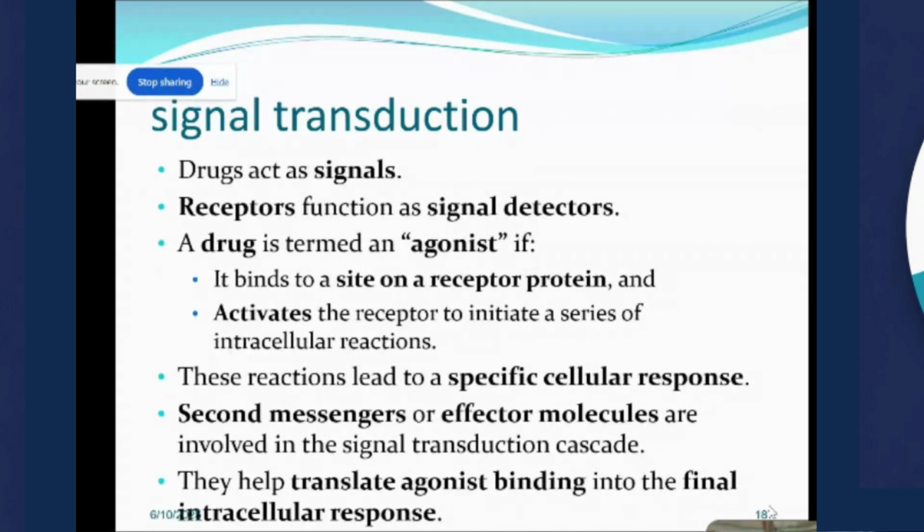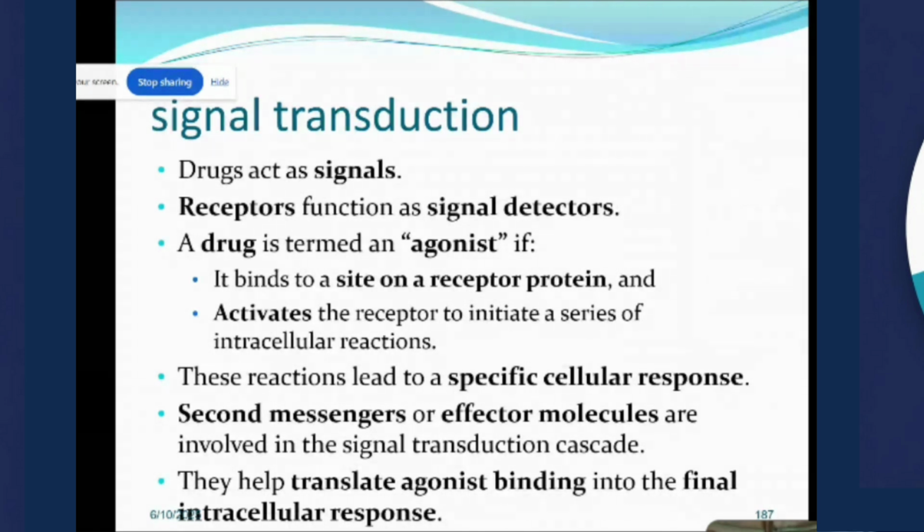Now, we know that the receptor ligand, and in this case, receptor drug complexes, work through what we call second messenger systems. And there are a number of them, which I know you have already worked through.